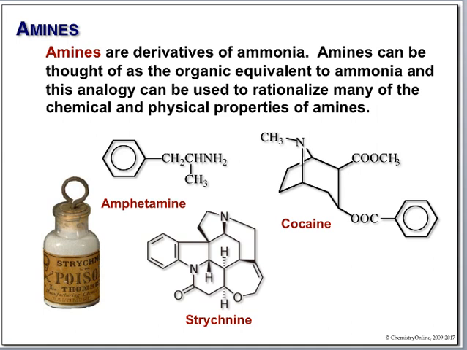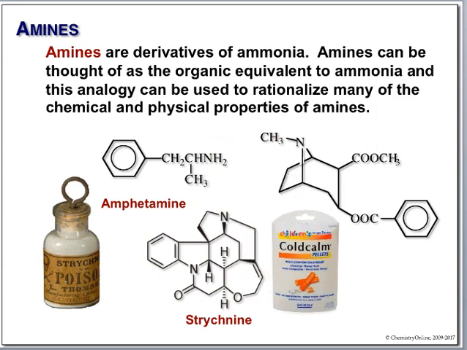Back in the old days, you could go to the drugstore, CVS, or Walgreens, and you could buy a bottle of strychnine. Well, you can't anymore. Well, sort of you can. These days, however, it's called children's cold calm. Children's cold calm. And the first ingredient on the label is strychnine.